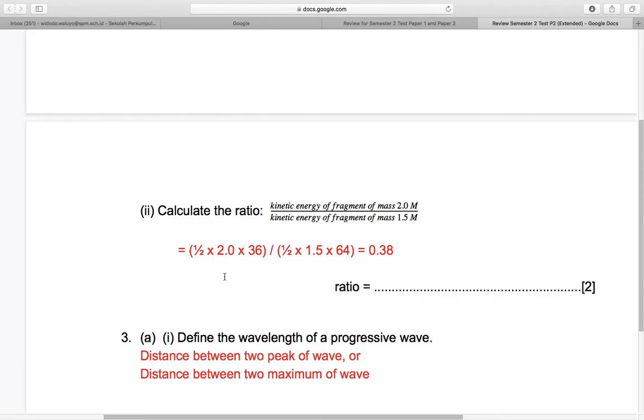A half of 2 times 36, this 36 is about 6 squared, and divided by a half of mass 1.5 m times 64, this is 8 squared. So we get the number 0.38. This is the ratio between the kinetic energy of the fragment of mass 2.0 m and 1.5 m.